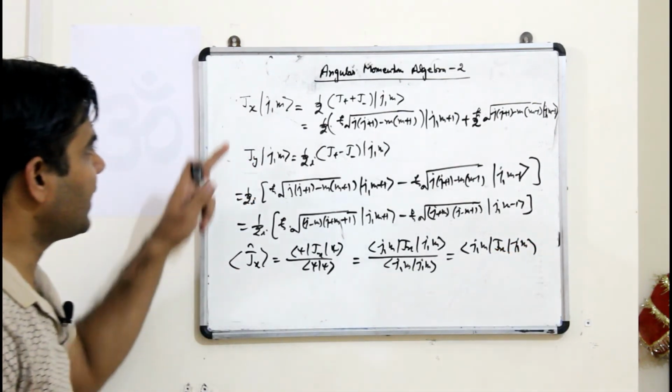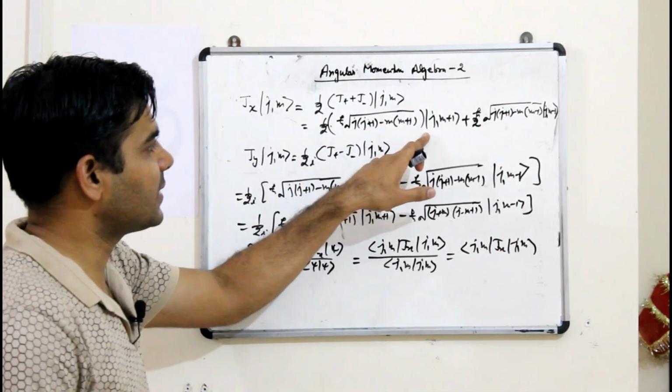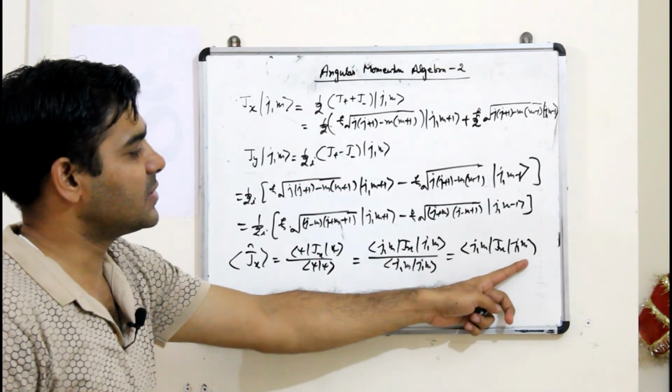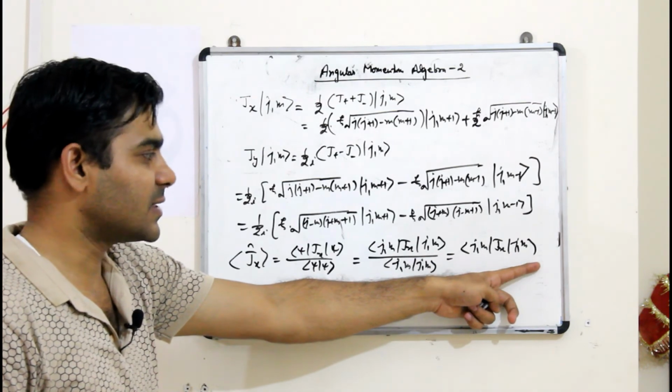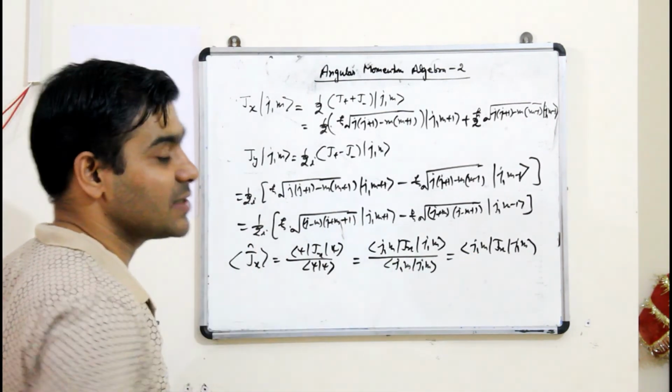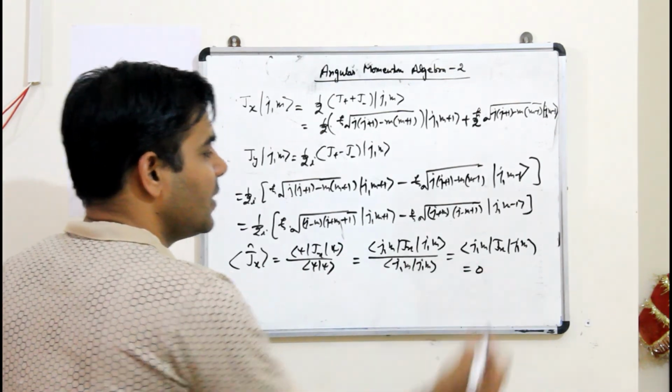And we have just seen that the action of Jx on this leads to the first term |j, m+1⟩ and the second term |j, m−1⟩. So this will give me |j, m+1⟩ and |j, m−1⟩ as kets, while on the left-hand side we have ⟨j, m| as the bra. Since they are orthonormal, this product is going to be 0.